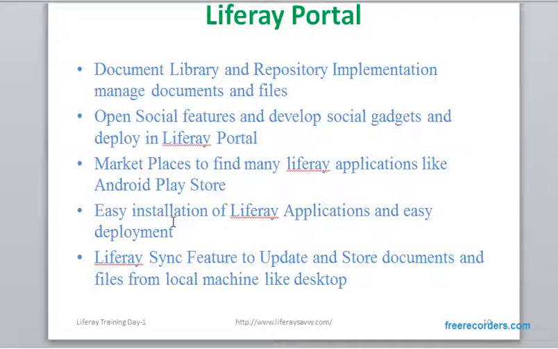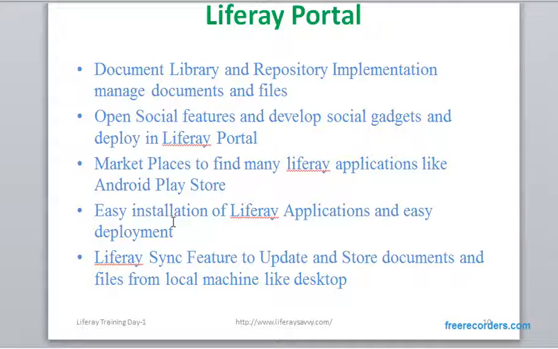The same goes for open source features. Open source features mean we can develop an application simply with JavaScript, CSS, and HTML, and deploy it into the Liferay portal. That is called a social gadget. A social gadget is developed with simple JavaScript and HTML. That is how they add features like deploying these open social apps into Liferay.